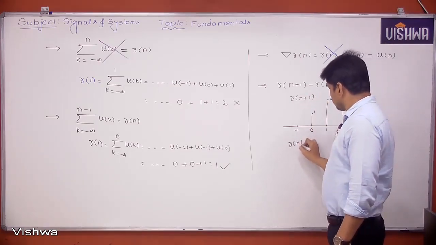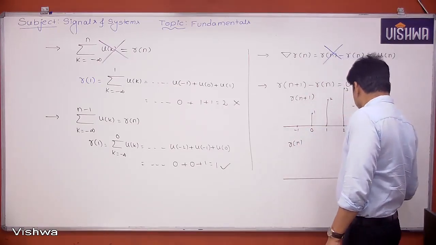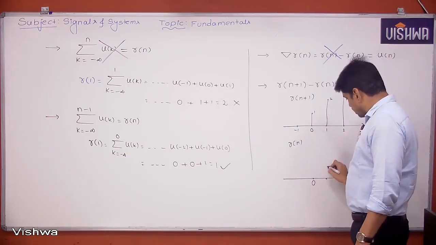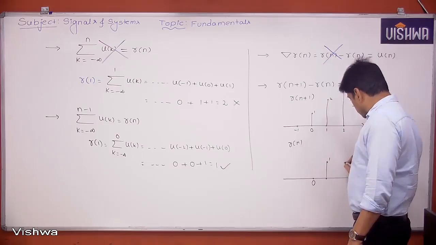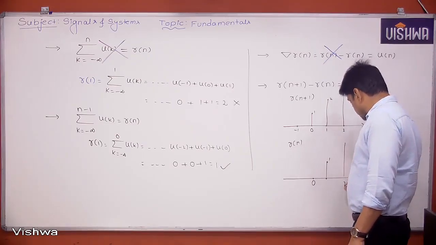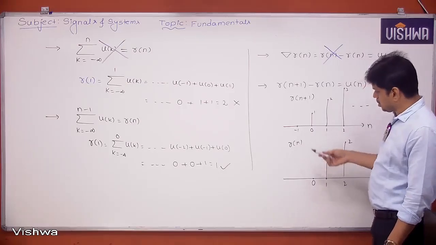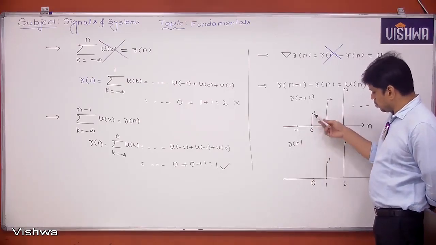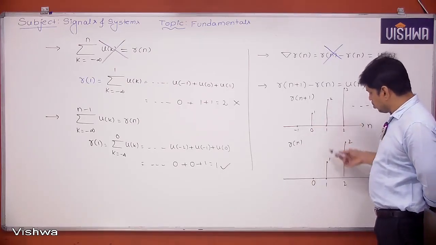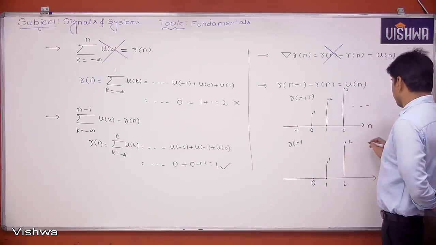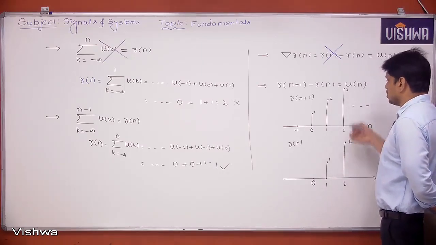Then what is r of n? r of n means at 0 its value is 0, at 1 its value is 1, at 2 its value is 2, like that. If I subtract them, 0 minus 0, 1 minus 0 is 1, 2 minus 1 is 1, 3 minus 2 is 1. So everywhere its value is 1 from 0 onwards, which is nothing but u of n.